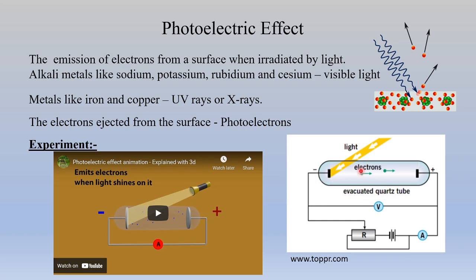And here you can see these two metal plates are connected to a battery externally. On the left side you can see the plate which is connected to the negative terminal of the battery. It is acting as a cathode, and the metal plate on the right side, which is connected to the positive terminal of the battery, acts as an anode.